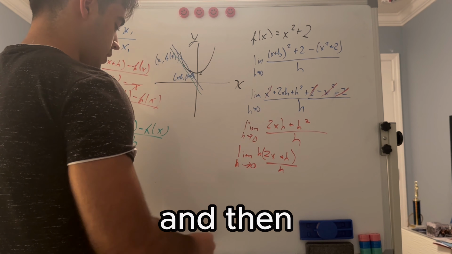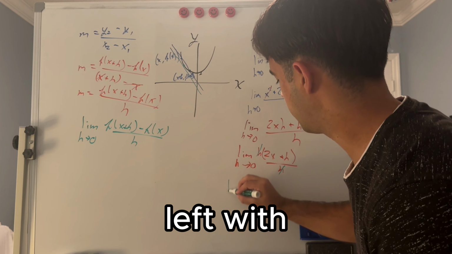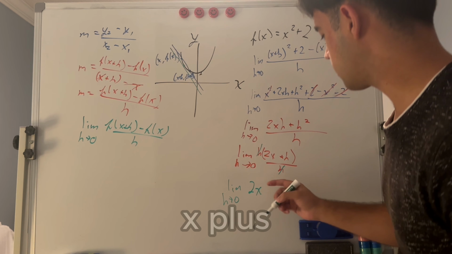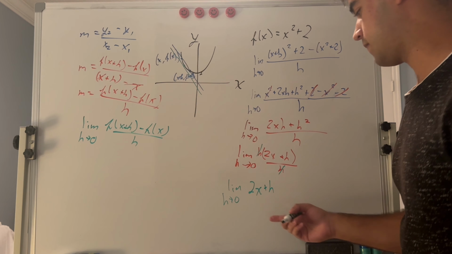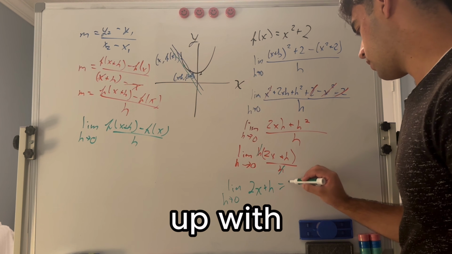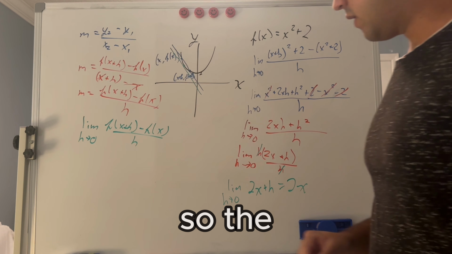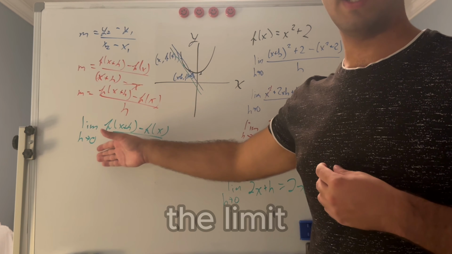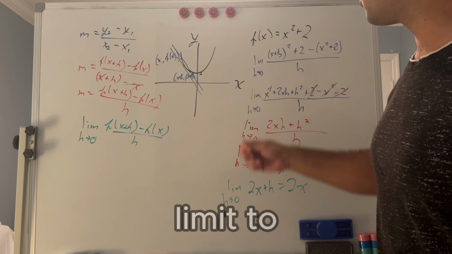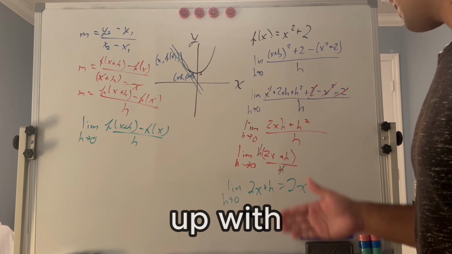And then we can cancel out our h's, so we're left with the limit as h approaches 0 of 2x plus h. And once we plug in 0 for h, we end up with nothing added, so we're just left with 2x. So this is known as the limit of the difference quotient, and after applying that limit to f of x equals x squared plus 2, we end up with 2x.